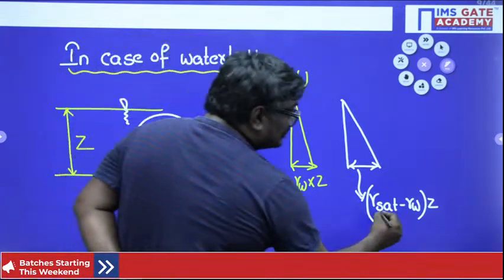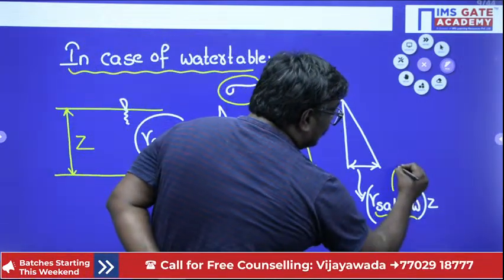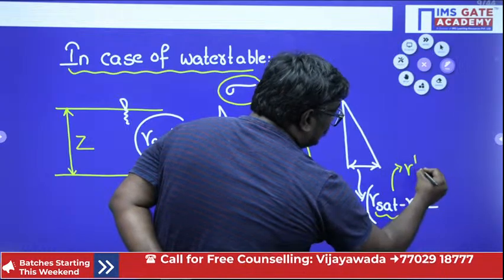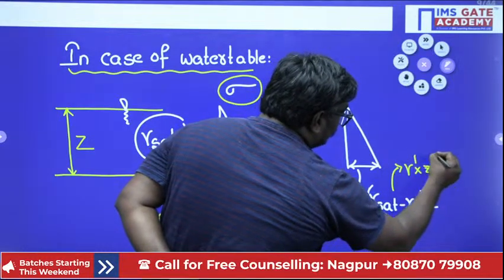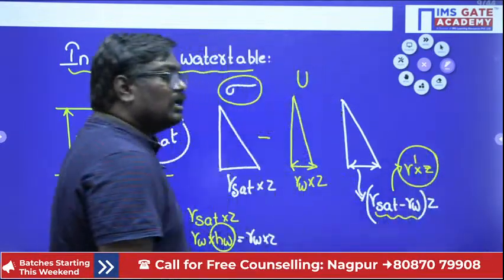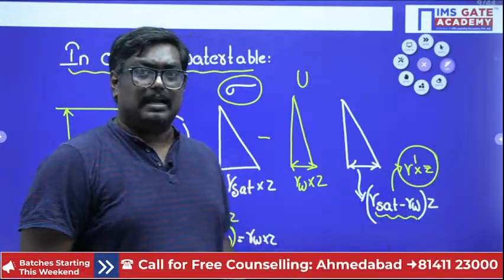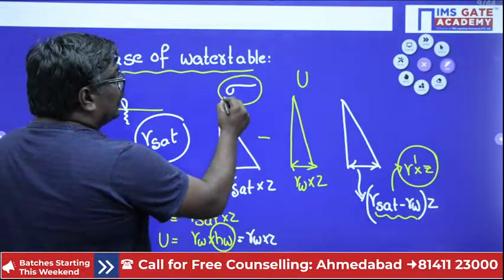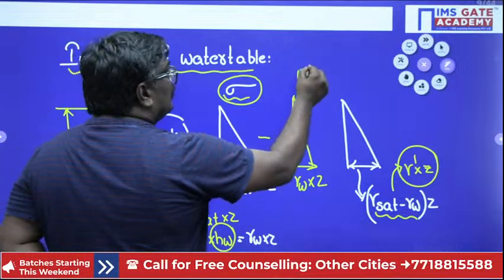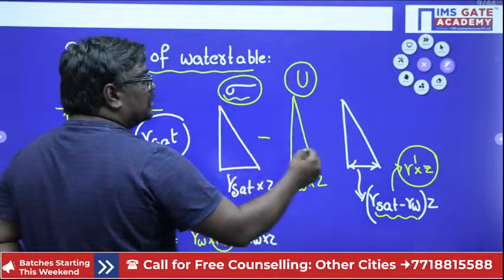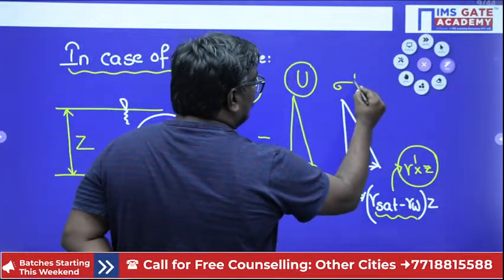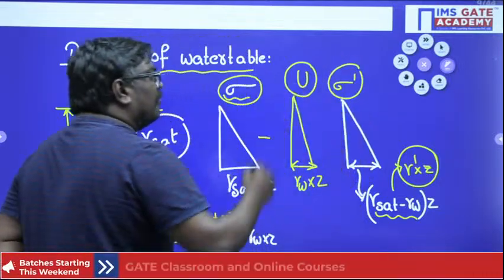Gamma sat minus gamma W is nothing but gamma dash. So this can be written as gamma dash into Z. Am I clear? So here we talk about the total stress, here we also talk about the pore water pressure, and here we have the effective stress. This is called effective stress.